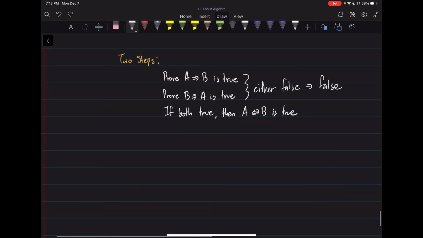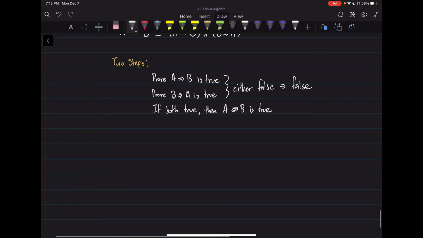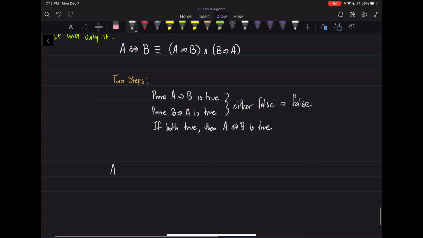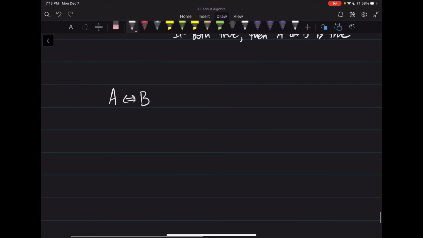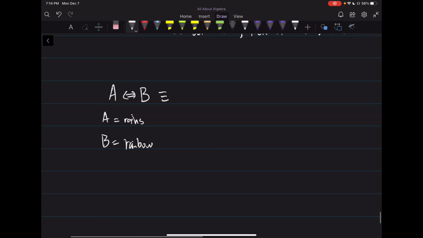Okay, let's go back to this statement, where A equals rains. This is the example I used in the last video, and B is rainbow. So I can split this up into this format.